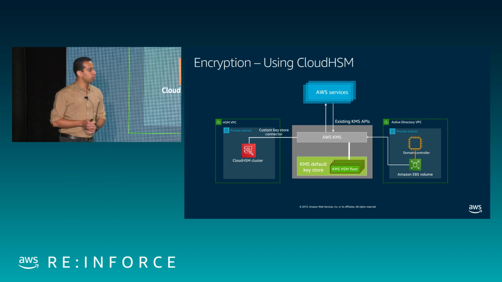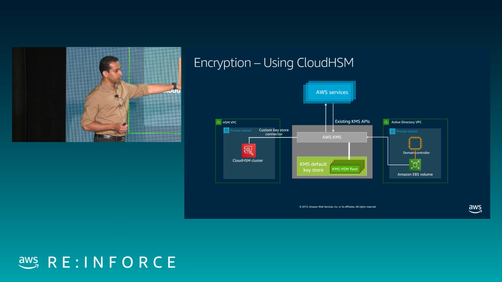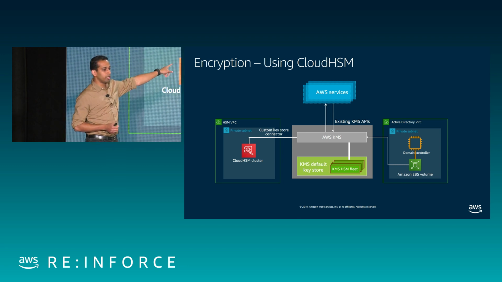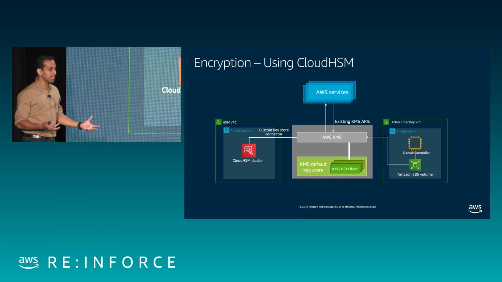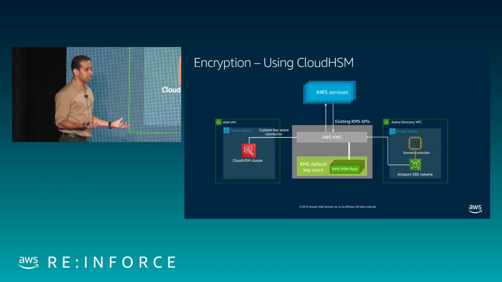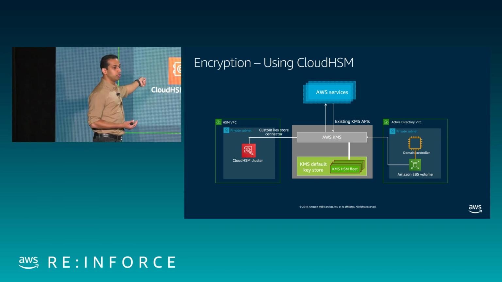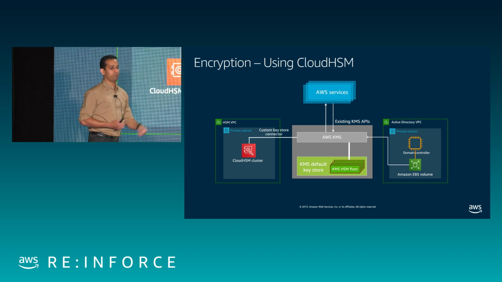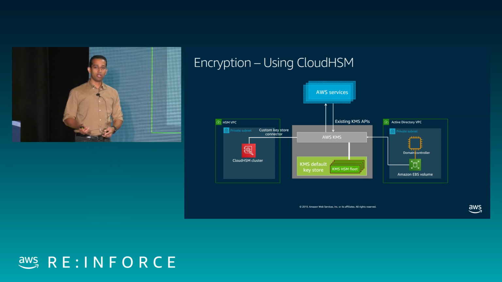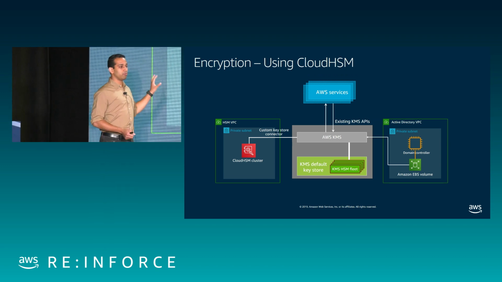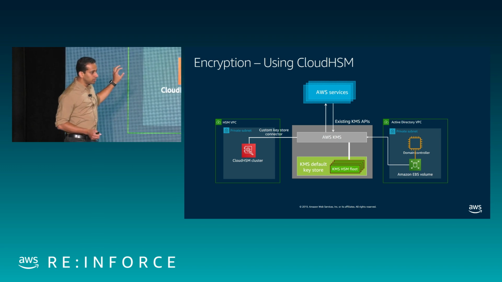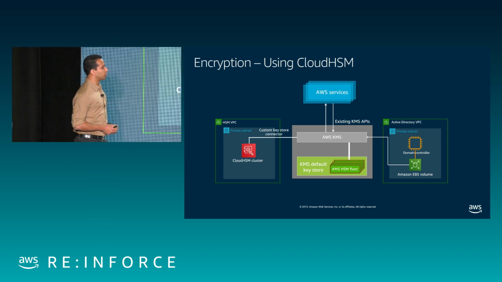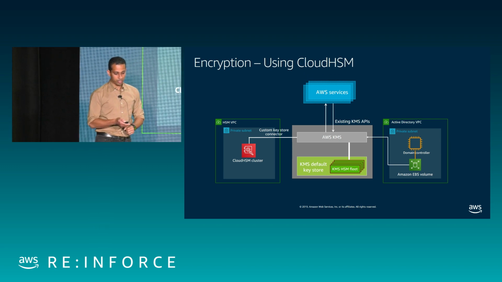So what this allows you to do is use KMS to encrypt the EBS volumes, because it's seamless and EBS supports KMS, but store the keys in your own cluster instead of the shared fleet that we have. So if you have security or compliance requirements that require you to manage your own keys, this is how you can leverage the two services to encrypt your data in domain controllers.